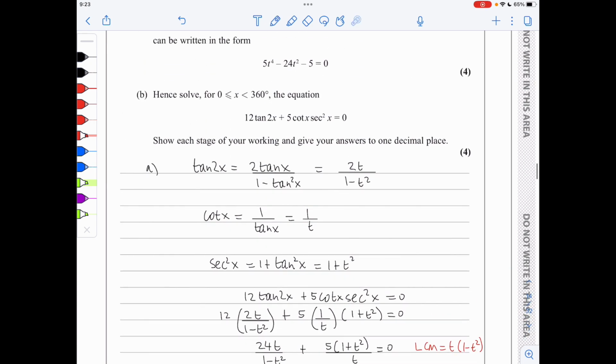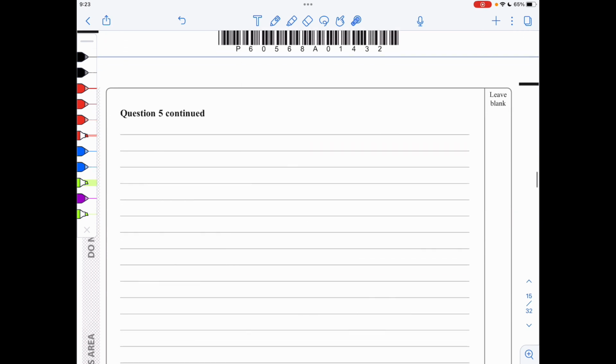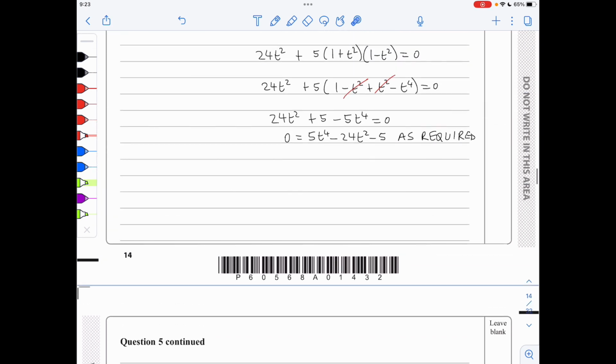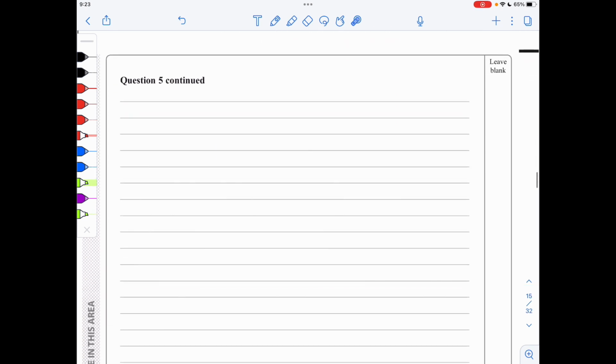And then part B, we need to solve for x being in degrees between 0 and 360, answers to be given to 1 decimal place. So we have this quartic here in terms of t, so I will start by letting w be t squared, which means that w squared is t to the 4. This will allow me to write the given quartic as a quadratic.